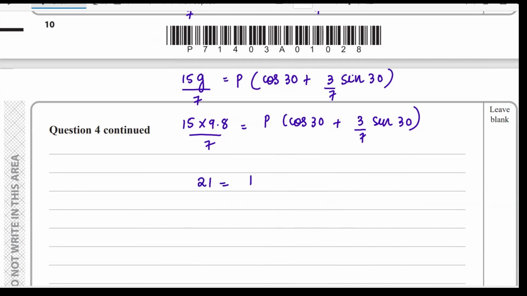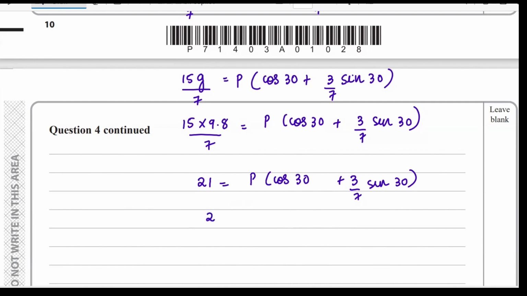So 21 is equal to P into cos 30 plus 3 by 7 sine 30. Now cos 30 plus 3 by 7 sine 30, you put that in the calculator. So let's find out the value for cos 30 plus 3 by 7 into sine 30. When you put this in the calculator, you will get 1.080.